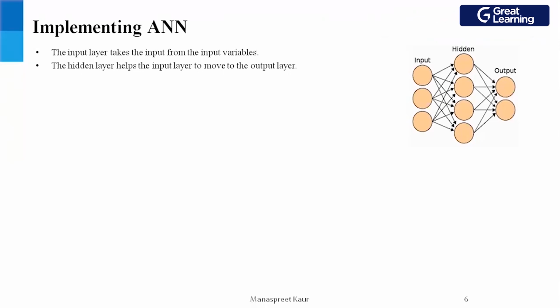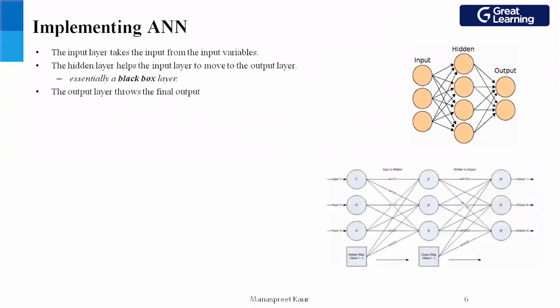The input layer will pass the information to the hidden layer with the weights present, and then the hidden layer will move that data to the output layer. But the hidden layer is essentially a big black box, like I told you earlier. You will never be able to understand what is happening in the hidden layer. And the output layer will give you the final output.